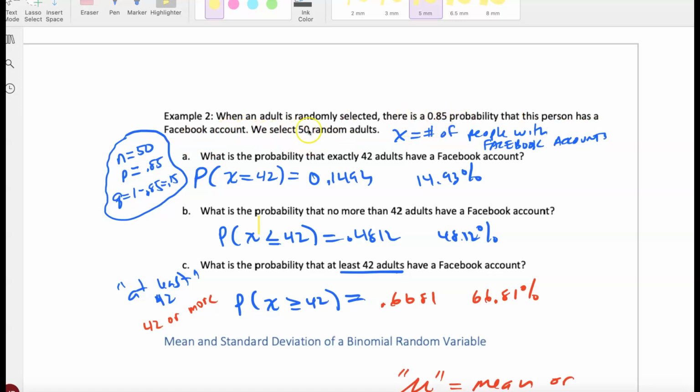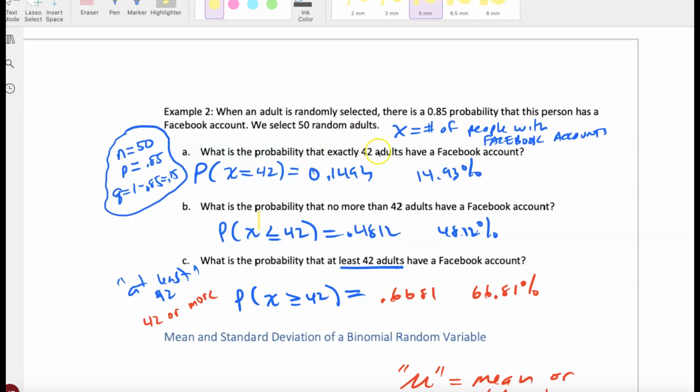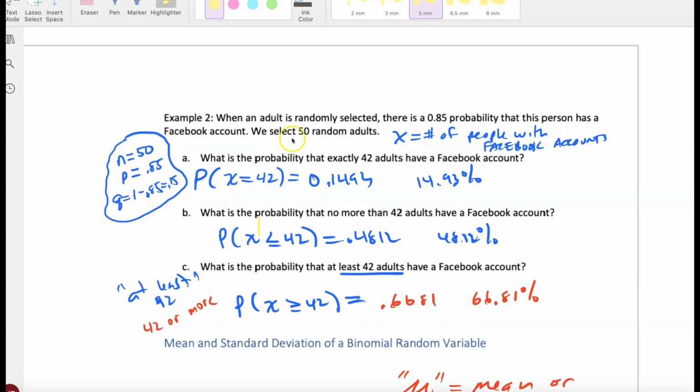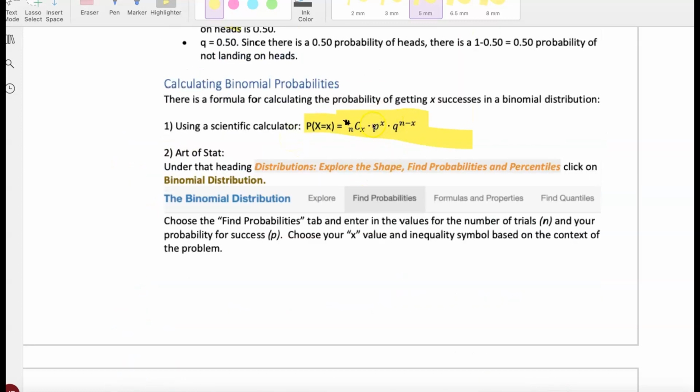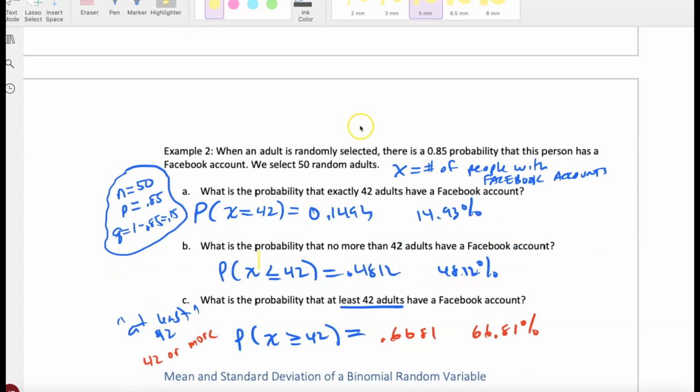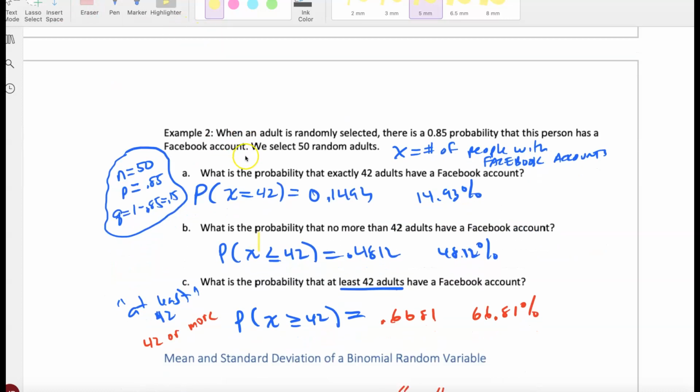When we select 50 random adults, what's the probability that 42 have a Facebook account? We would have to do n is 50, p is 0.85, q is 0.15, and then you either use the formula or use StatCrunch to get the answers you see here.